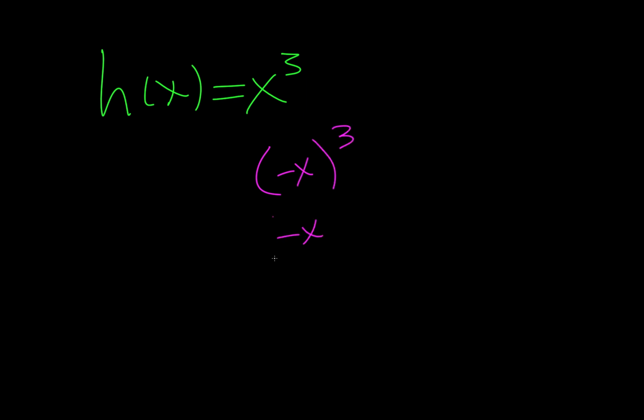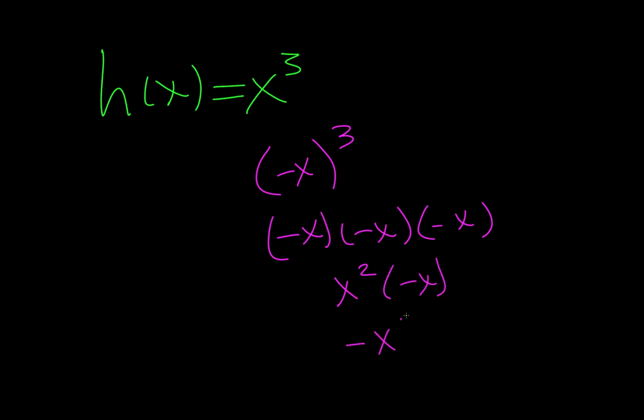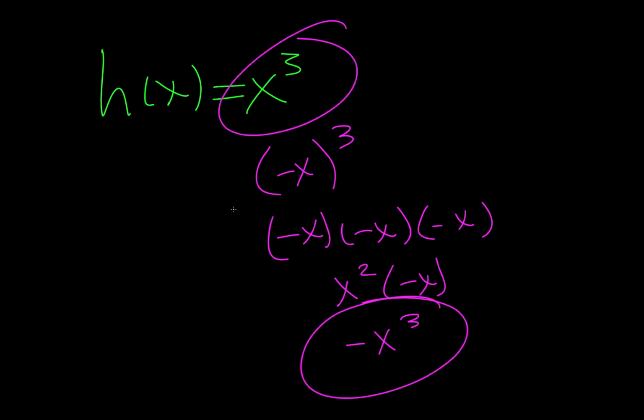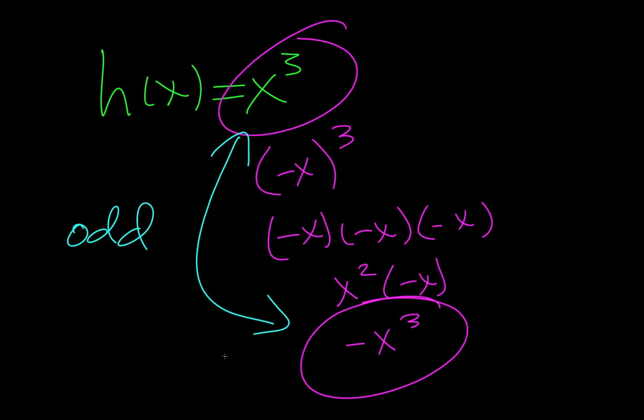Well, if we had negative x times negative x times negative x, these two would combine to make x squared. And then if we do this, it would be negative x cubed. So we take this, we compare it to the original. In an odd function, everything will look the same except all of the signs will change. Because this was positive, now it's negative, that's an odd function.